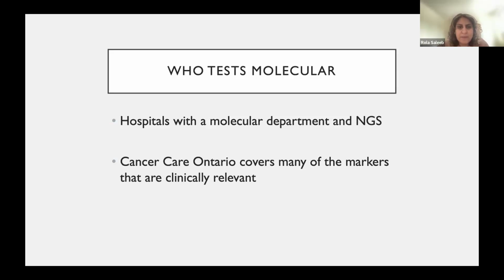So if a patient has a cancer that requires molecular testing, that cancer would be referred to one of the big centers. And Cancer Care Ontario luckily covers many of the markers that we need. Not all of them, but many of the significant markers. So hospitals are able to do this and get coverage.